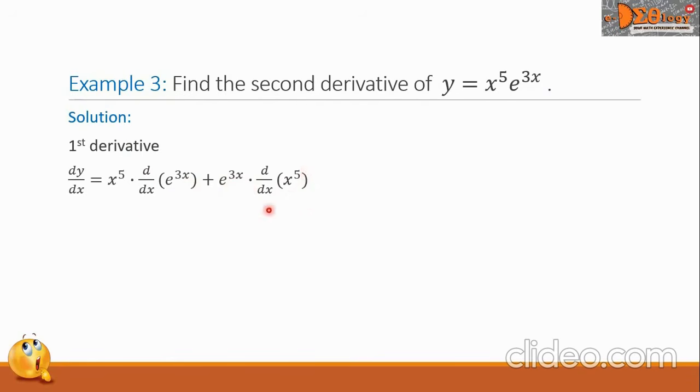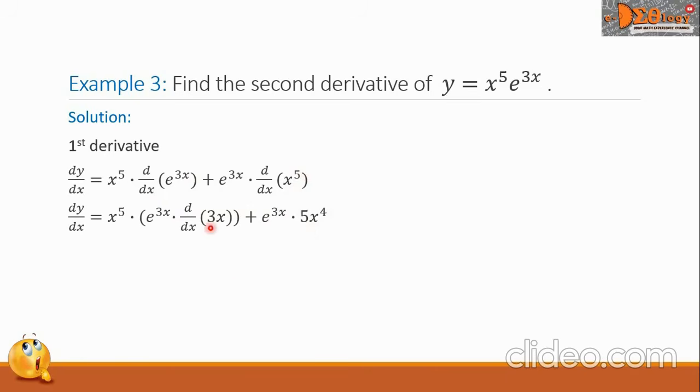Let us take now the derivatives respectively. So the derivative of e raised to 3x will be e raised to 3x times the derivative of 3x. And then in here, the derivative of x raised to 5 will be 5x raised to 4.